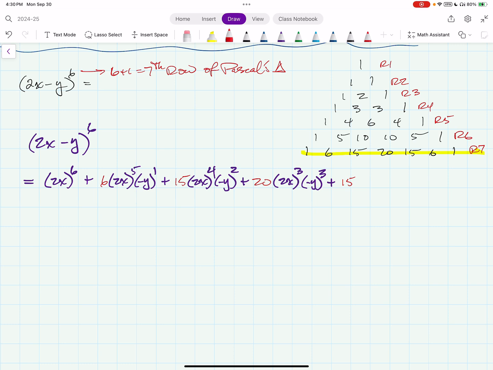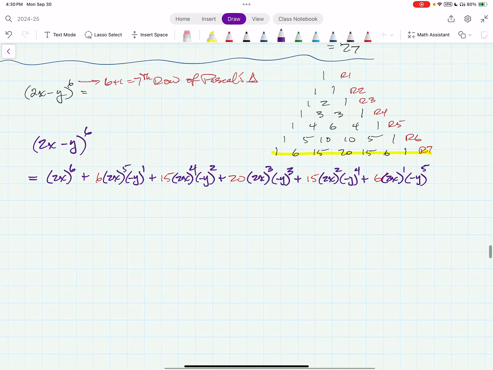So I'm on my 5th term right here. 15 times 2x to the 2nd power times negative y to the 4th power. Plus, and I've got 2 more coefficients to go, 6 times 2x to the 1st power times negative y to the 5th power. And then my last one, I'm going to take negative y to the 6th power.